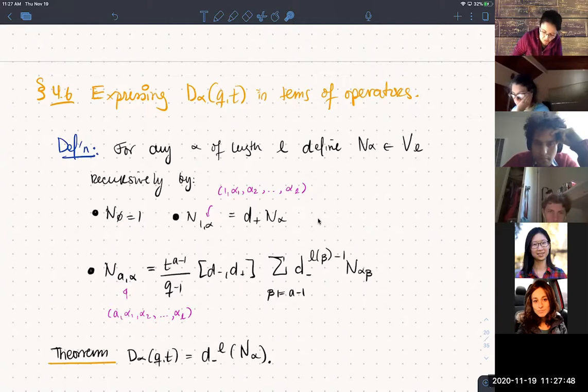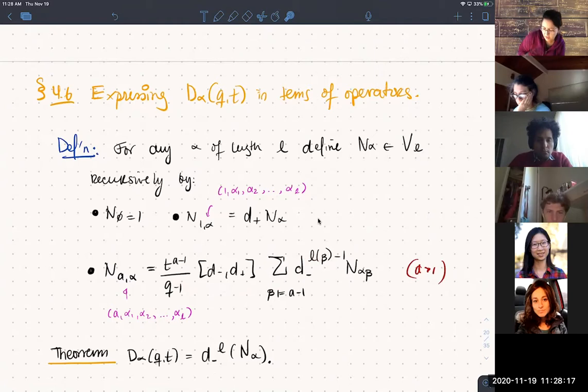Instead of appending a 1, we append an a, where a has to be bigger than 1. That is given recursively in terms of different paths, beta, that are compositions of a minus 1. Then you just apply this formula.